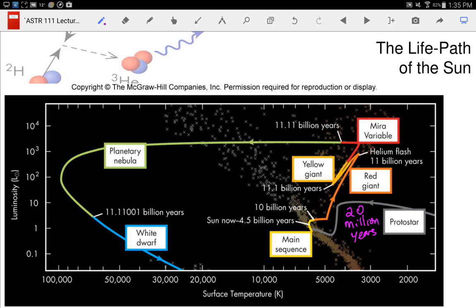Once you have helium fusion occurring in the core, our sun will have a helium flash. Why do we believe our sun will have a helium flash? Because its mass is between 1/2 a solar mass and 2 solar masses. Excellent. Thank you for letting me know.